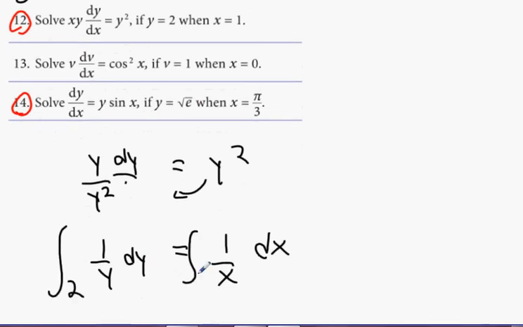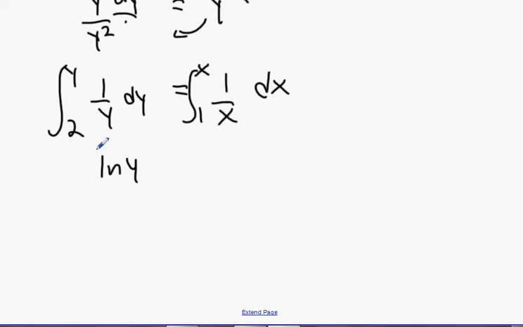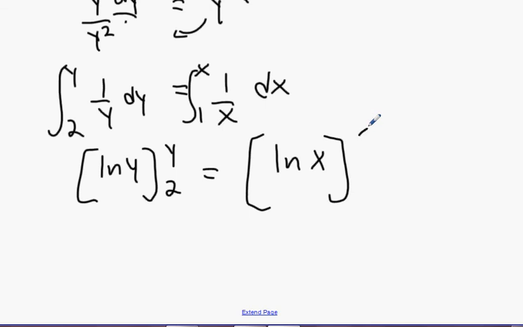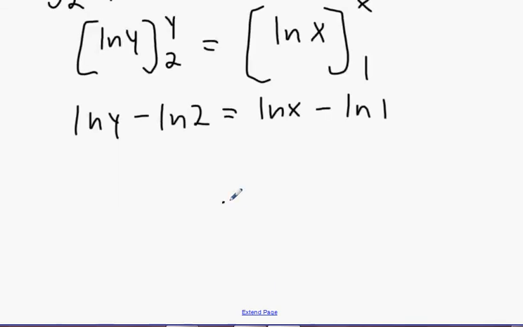And then once that's done, it's limits 2 to y and 1 to x. ln y minus ln 2 equals ln x minus ln 1. ln 1 is 0.